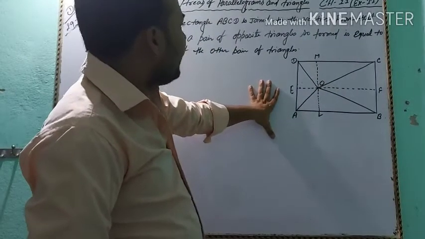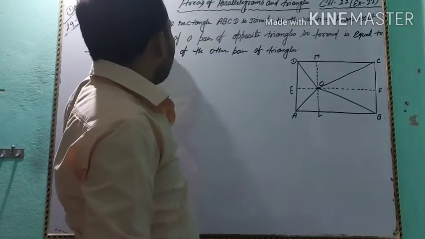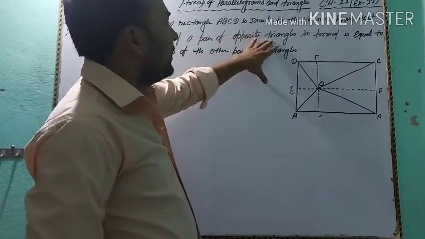Prove that the areas of a pair of opposite triangles.